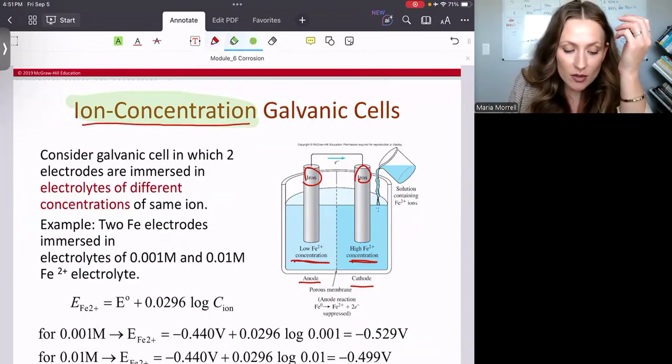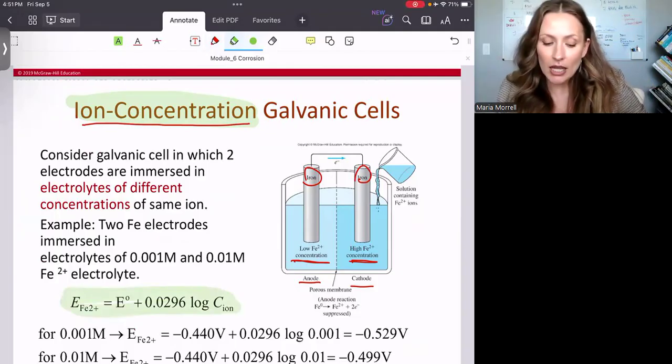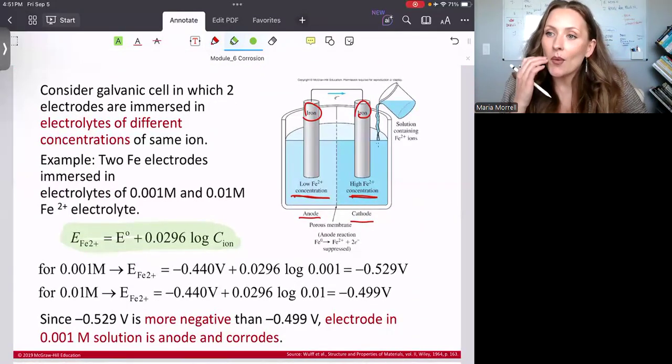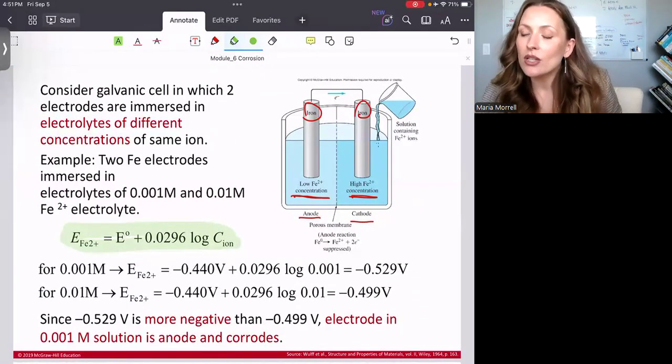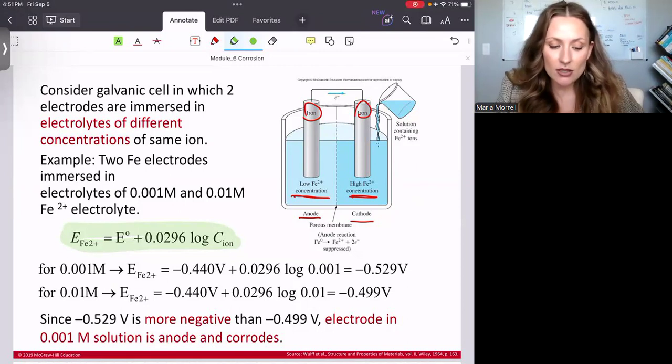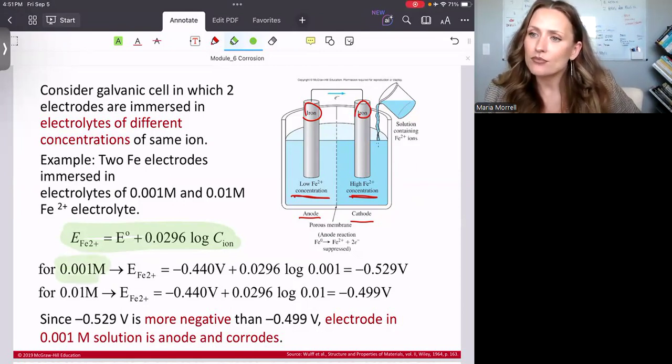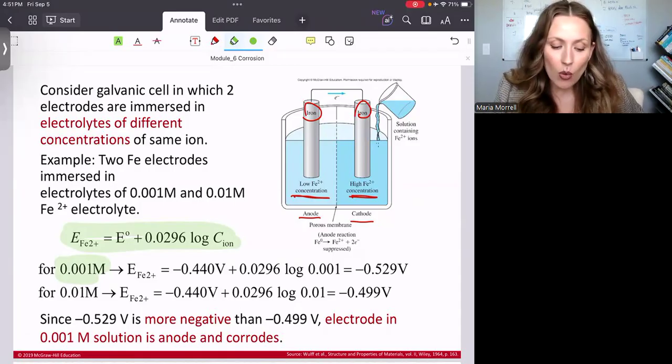Now, because we've seen this Nernst equation before, I will just give you an example. What's going to happen to the potential? I know that the lower the concentration, the more negative the potential is. I'm going to take into consideration a concentration of like 1 millimole versus 0.01 mole.